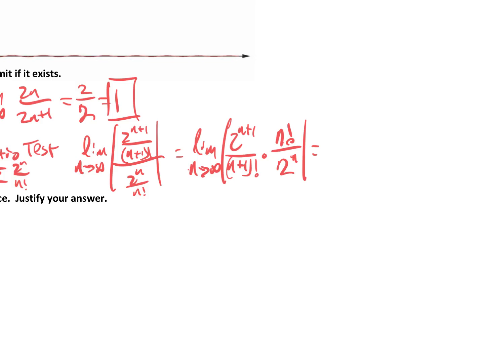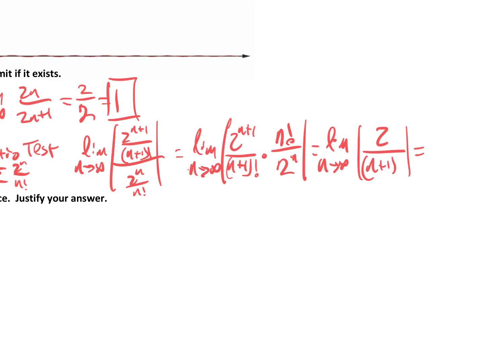And with some canceling, we get the limit as n goes to infinity of, well, I'll subtract the powers here, n plus 1 minus n gives us 2 to the first. And n of these will cancel with n of these, leaving n plus 1. There we go.